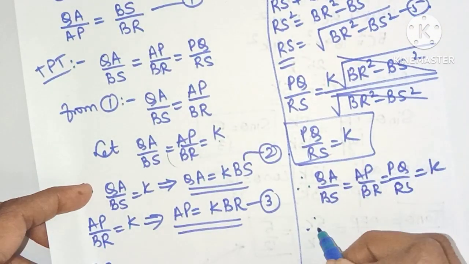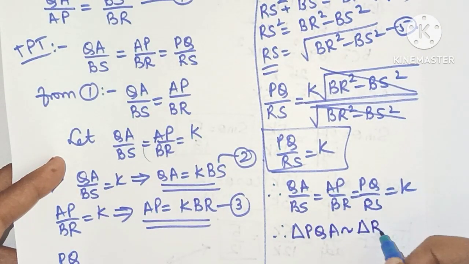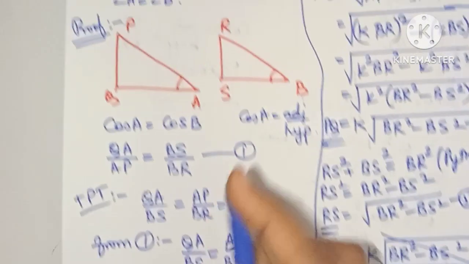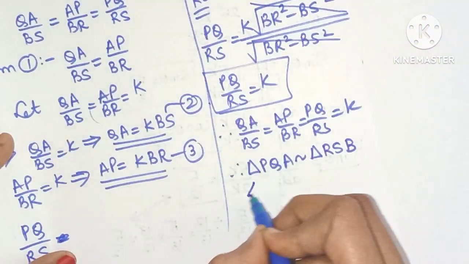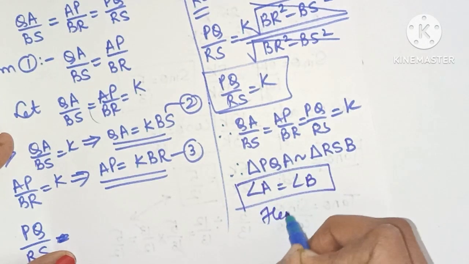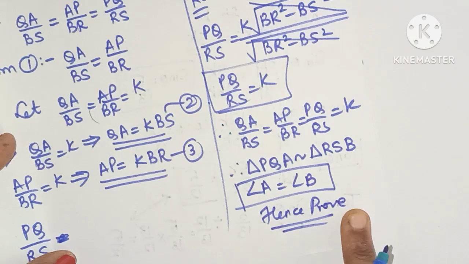So, therefore, the two triangles, triangle PQA is similar to triangle RSB. Right? So the two triangles are similar. That means the corresponding angles are equal. So that means angle A is equal to angle B, and hence this is how you have to prove that angle A is equal to angle B.